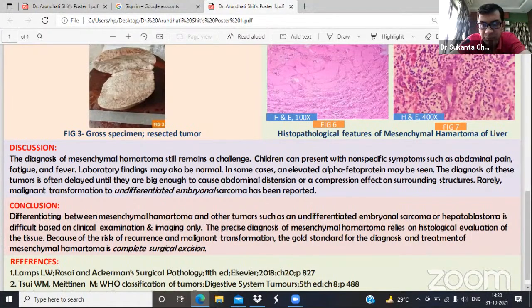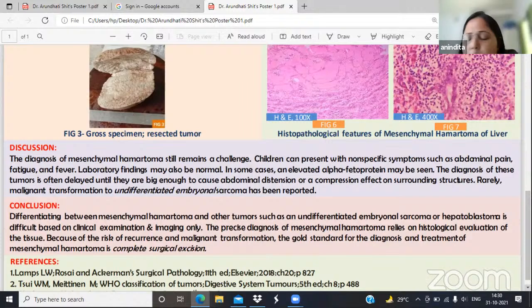And is an increase of alpha-fetoprotein necessary to diagnose? No, sir. In most cases, alpha-fetoprotein is not raised. In a few cases, alpha-fetoprotein is raised in mesenchymal hematoma of liver.